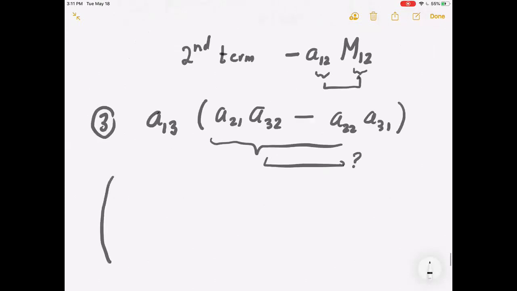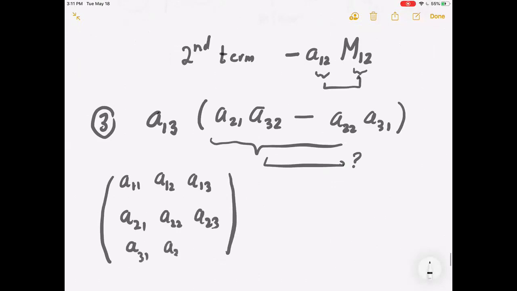Go back to the original coefficient matrix. First row, a11, a12, a13. Second row, a21, a22, a23. Third row, a31, a32, a33. And again, what's happening?